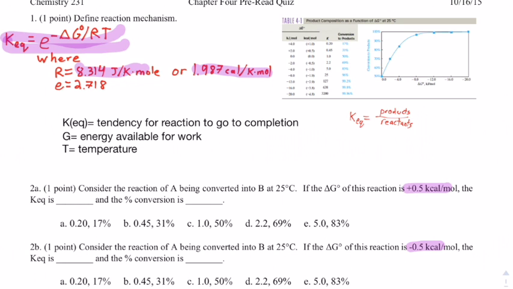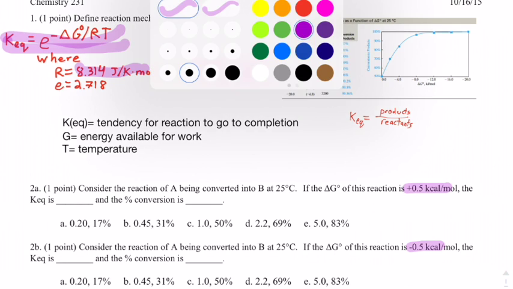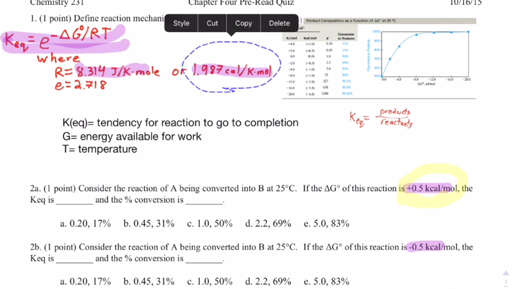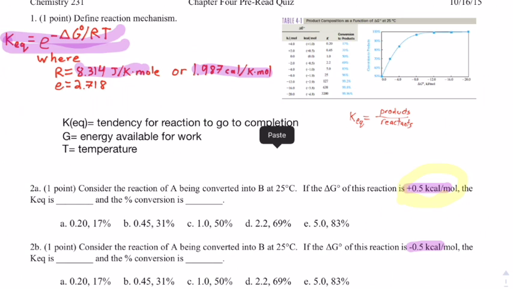And since in this case we're dealing with kilocalories, as seen down here, we actually have to use a third number. We have to convert calories to kilocalories. So let's do that first. Looking at our kilocalorie, let's take that down here.